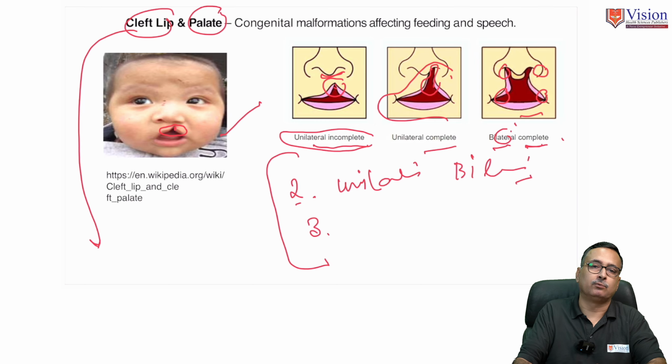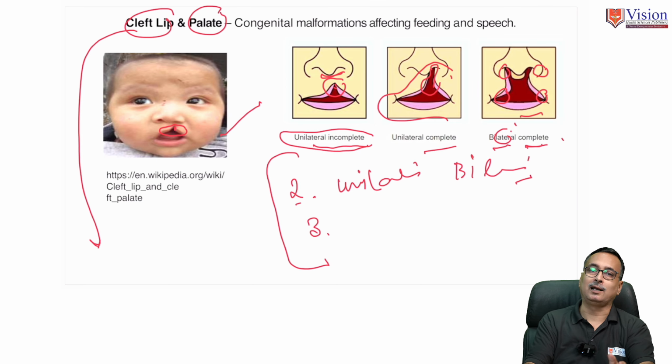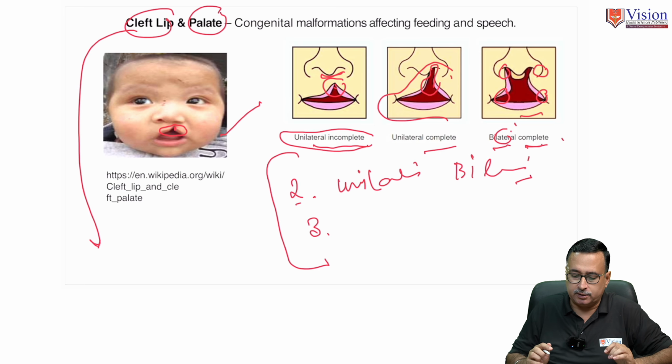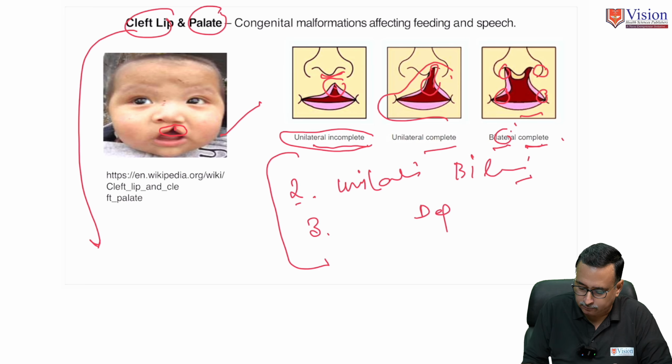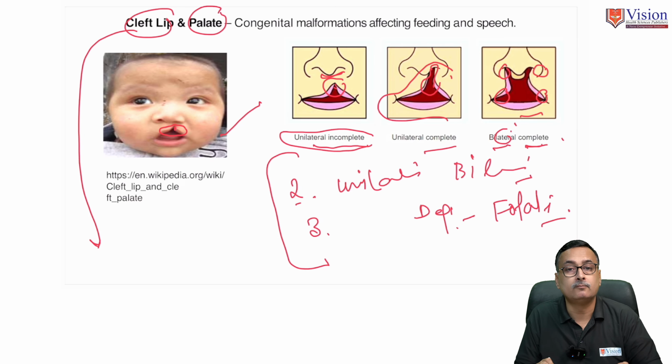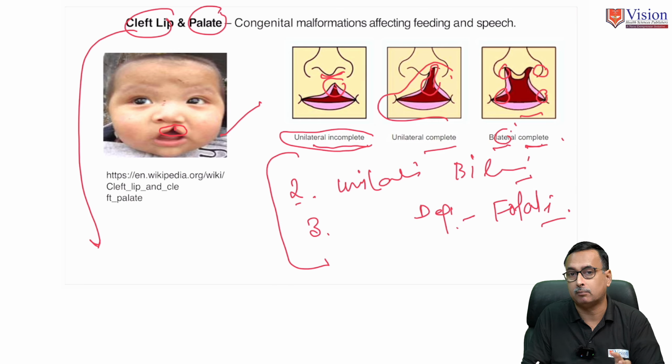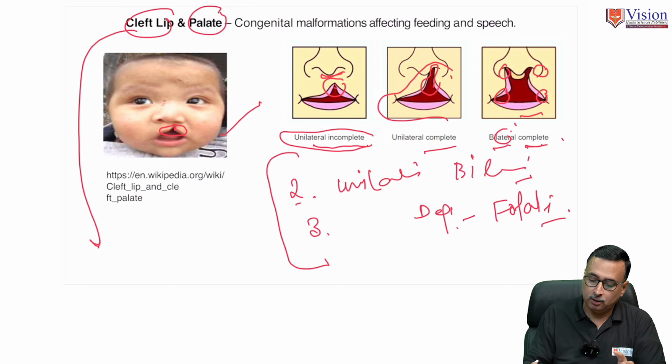So what is the cause of cleft lip? The most common cause is the deficiency of folate or folic acid. When folic acid is not adequately administered to the pregnant woman during pregnancy, cleft lip arises.